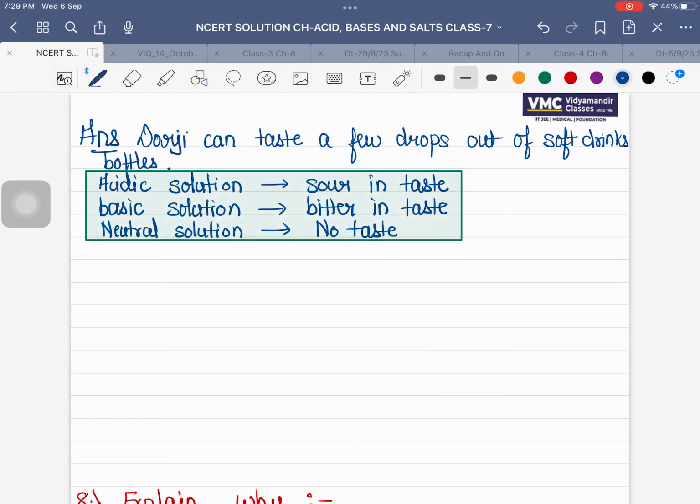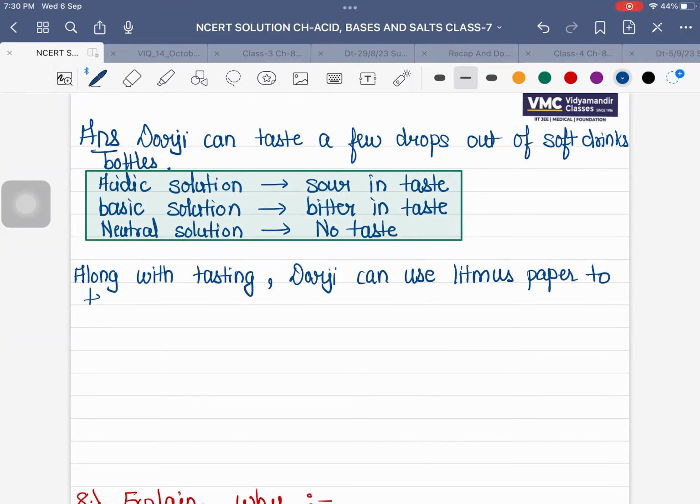Second method, by using litmus paper test. Along with tasting, Dorji can use litmus paper to test the nature of soft drink.